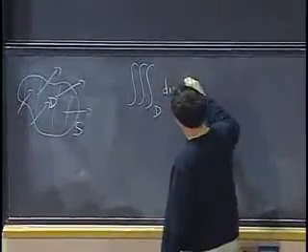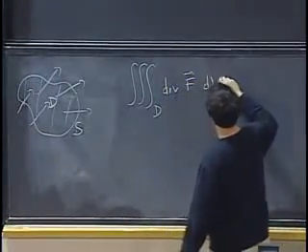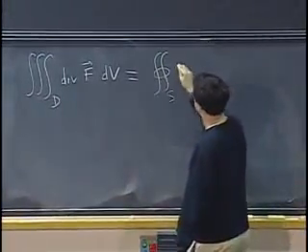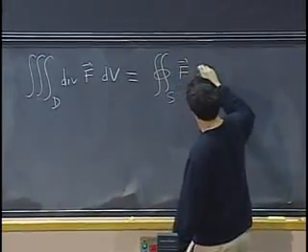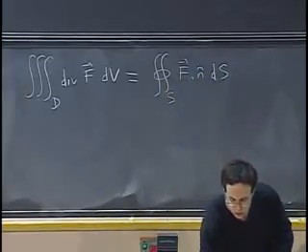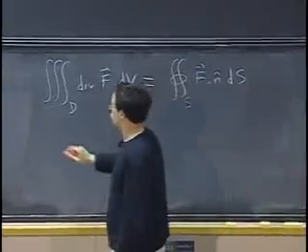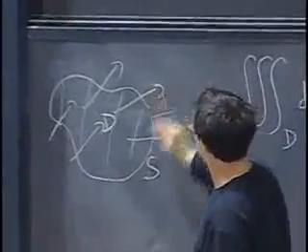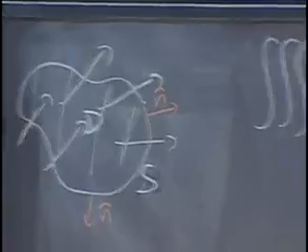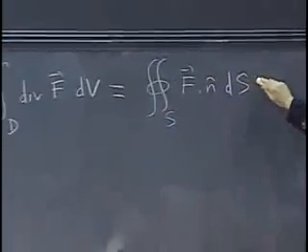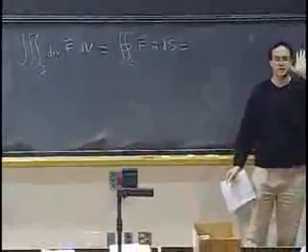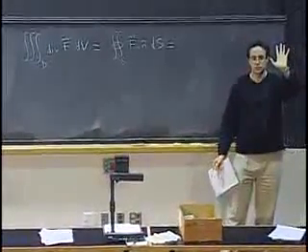If I sum the divergence in D, then I'm going to get the flux going out through this surface S. I should have mentioned it earlier. The convention in the divergence theorem is that we orient the surface with a normal vector pointing always outward. So now we know what flux means. Remember, flux means how much fluid is passing through this surface.